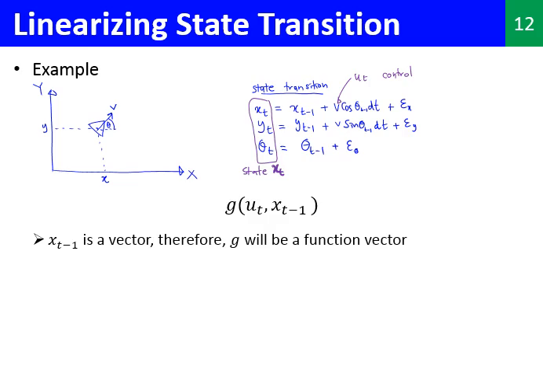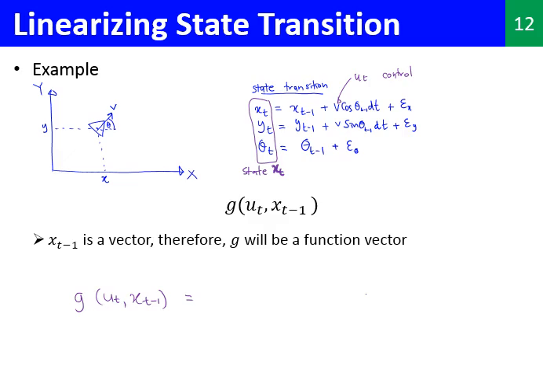Let's do the same example to fully understand the linearization of state transition. So here we have the mobile robot given with a translational velocity v, and we already obtained the equations for state transition. Now one thing to note is that xt minus 1 is a vector, and therefore g will be a function vector. That is, we can write g as ut x t minus 1.